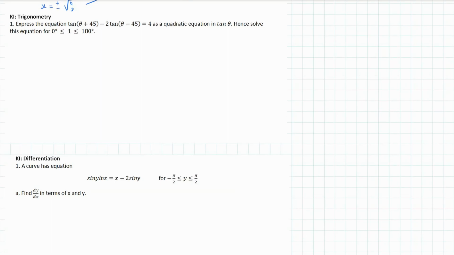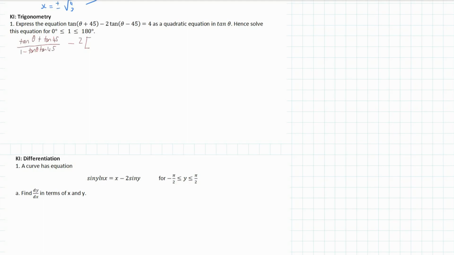So my first step is to turn tan(theta plus 45) into tan theta plus tan 45 all over 1 minus tan theta tan 45. Then I'm going to go minus 2, and I'm just going to do a big square bracket.